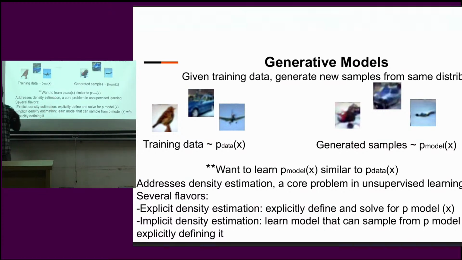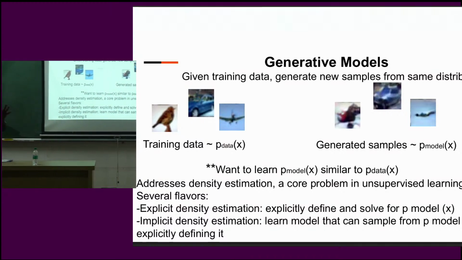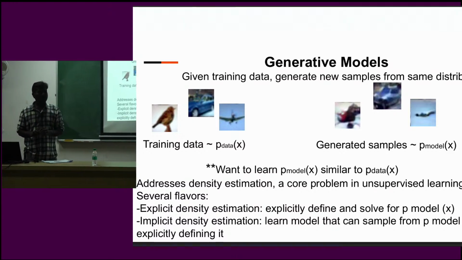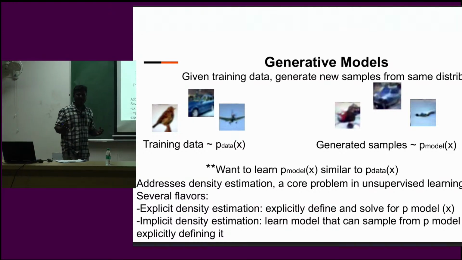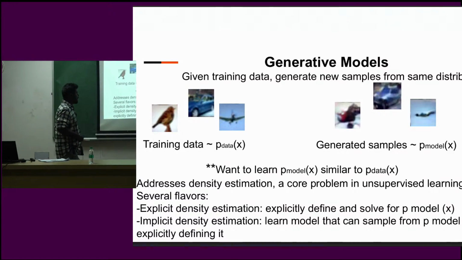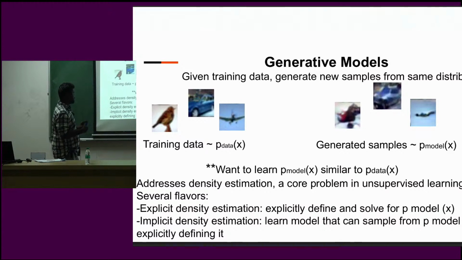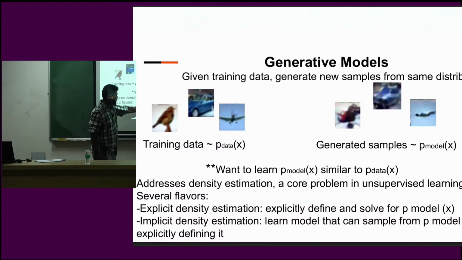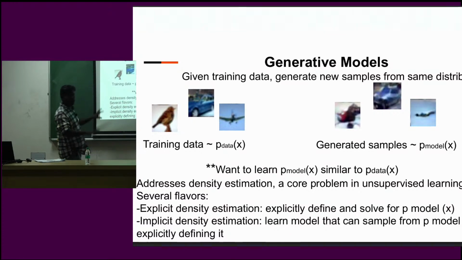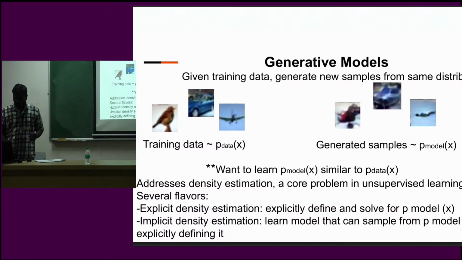So it addresses density estimation. As I already told you, it won't give you an explicit formula, but it gives an implicit one, in the sense that you can generate samples implicitly. That is implicit density estimation, and I have mentioned the same thing here. This is the definition of generative models.